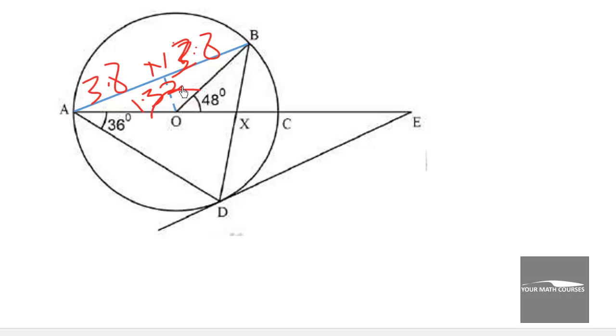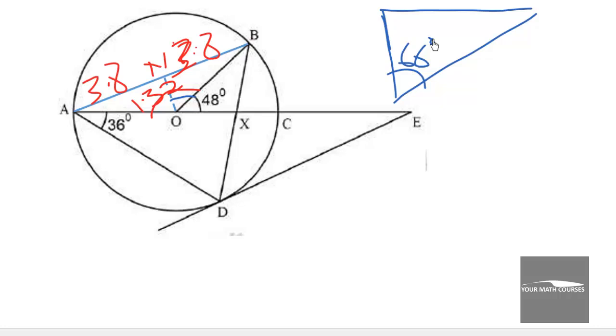So the small angle right here should be half of 132, which is 66. So we get a triangle like this. We have 66, we have R, and this is 90 degrees here.